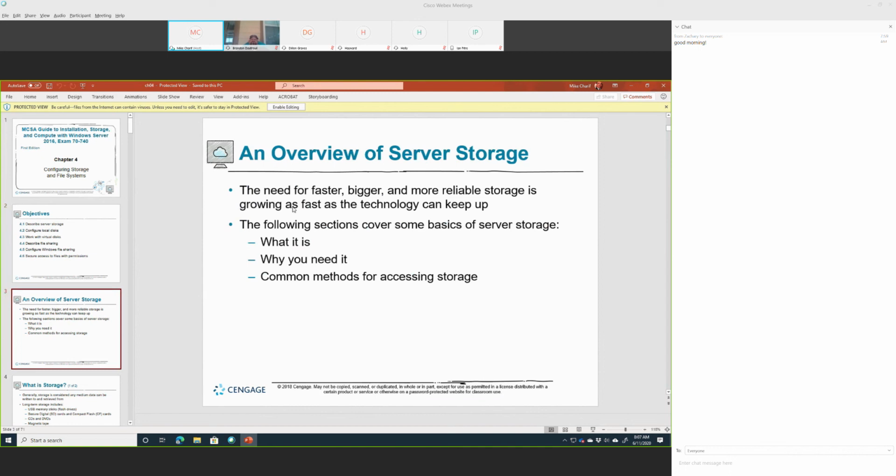And we have some types of storage that store the information permanently, meaning even if they don't have power, they can still save that information. So you need to know the difference between the two too. I'm sure you do. This is from A+. And that's what they said on this slide. The need for faster, bigger, and more reliable storage is growing as fast as technology can keep up.